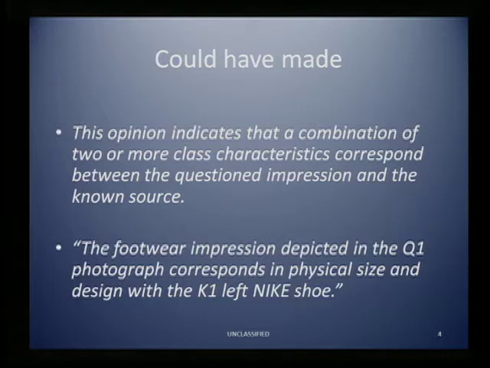Specifically, I'm looking at the physical size of the impression and comparing that to the shoe. And physical size is different than a shoe size, and I point this out in court. When I make reference to the physical size of an impression, it's the length, the width, and the spatial relationship of the geometric shapes that you can see in the impression, and then comparing that to the outsole of the shoe. I'm also looking at the design, which are both class characteristics.